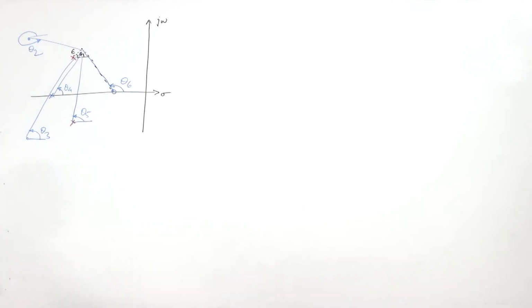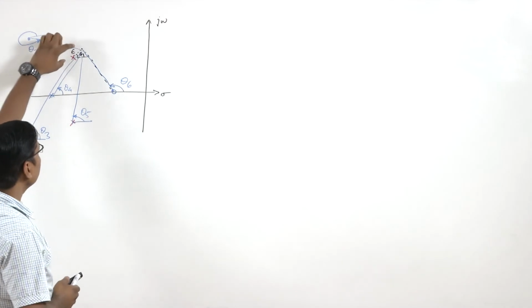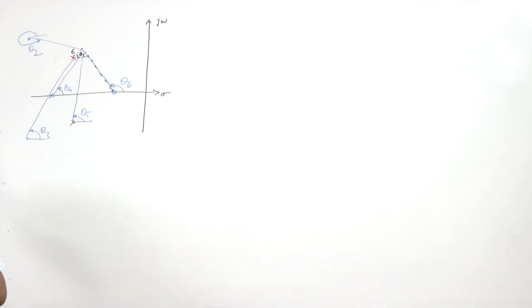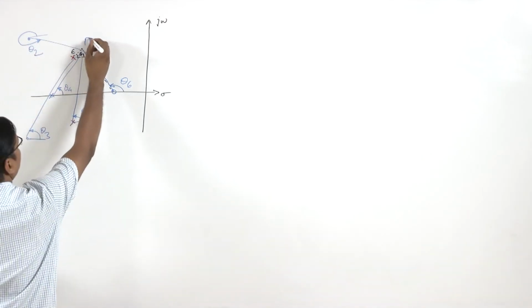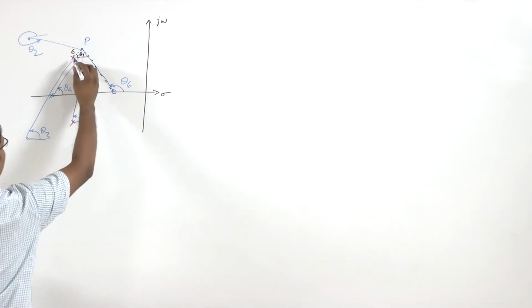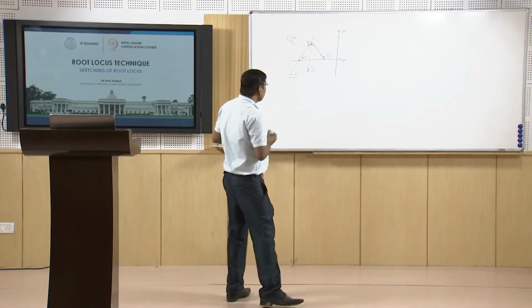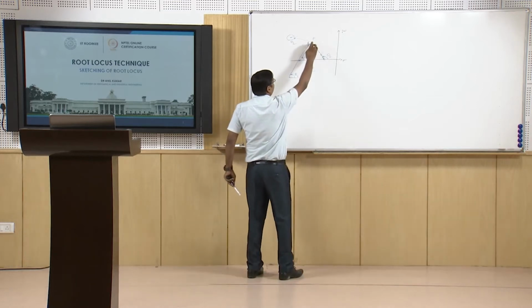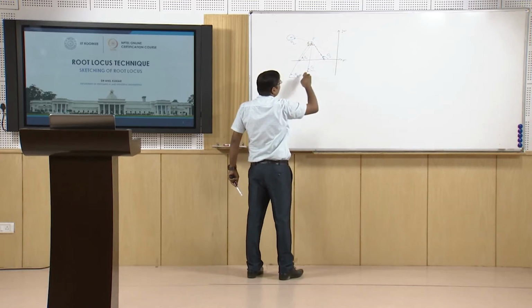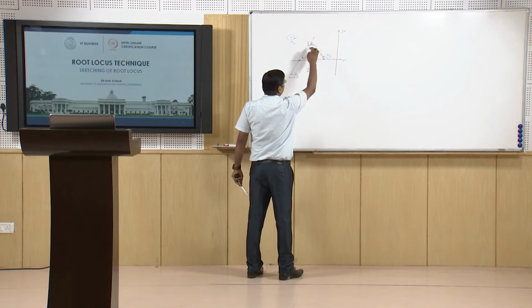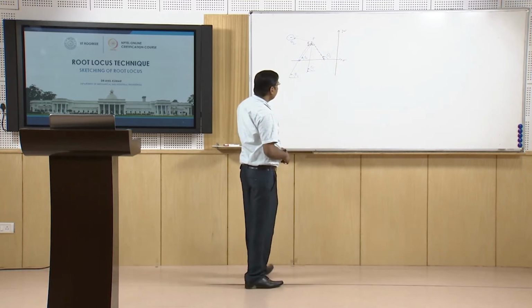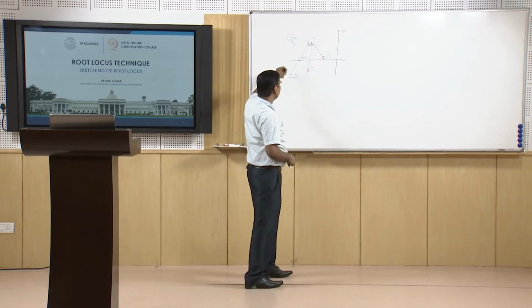We assume there is a point here, let us say P, close to the complex pole where we want to see the angle of departure. From this point we want to measure the angles for the different poles and zeros, including this pole.